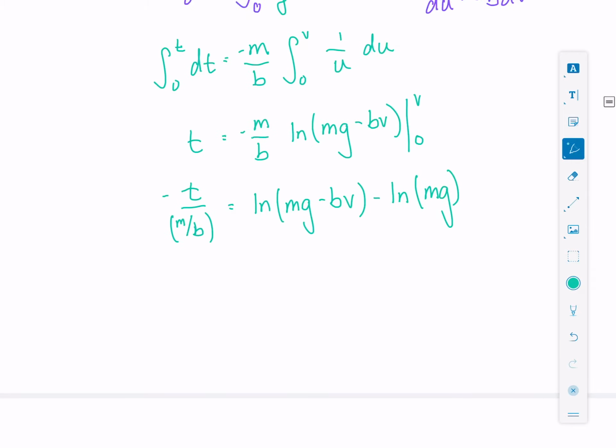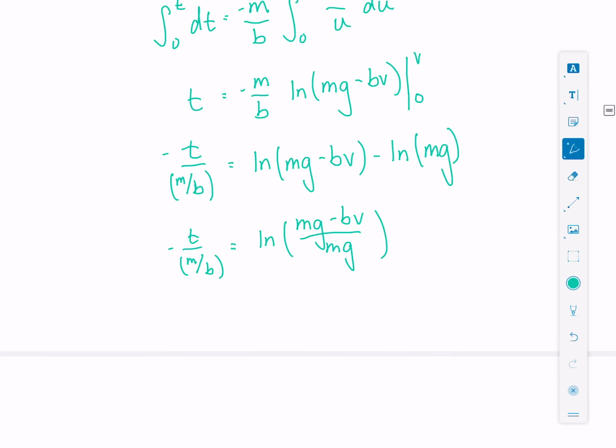Cool. So I still have negative t over m over b. And let's combine the natural log rules. ln of mg minus bv over mg.